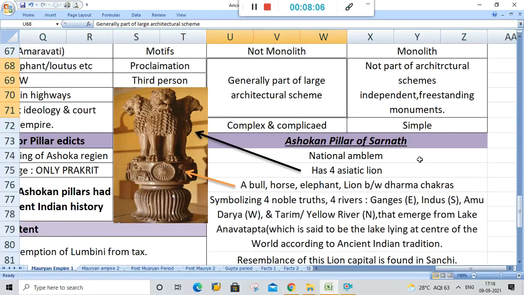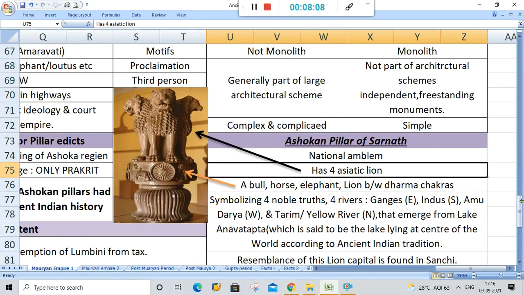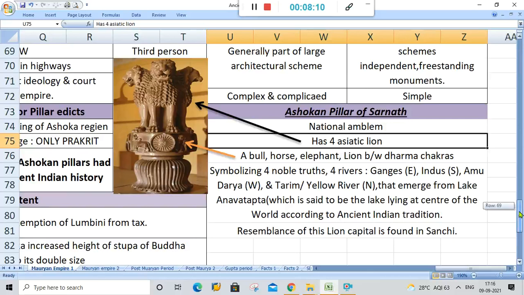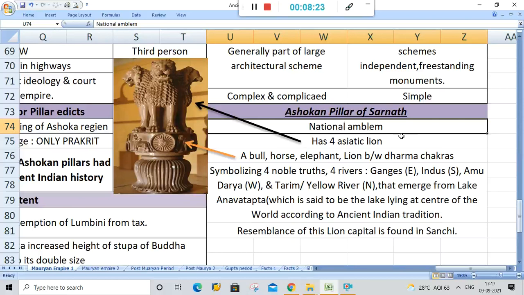Then moving on to the Ashokan pillar of Sarnath. This is the most important pillar because our national emblem is taken from this pillar only. So the inspiration for our national emblem is the Ashokan pillar of Sarnath. However, this Sarnath pillar is now in a museum, and you can see the resemblance of this Ashokan pillar in Sanchi also.